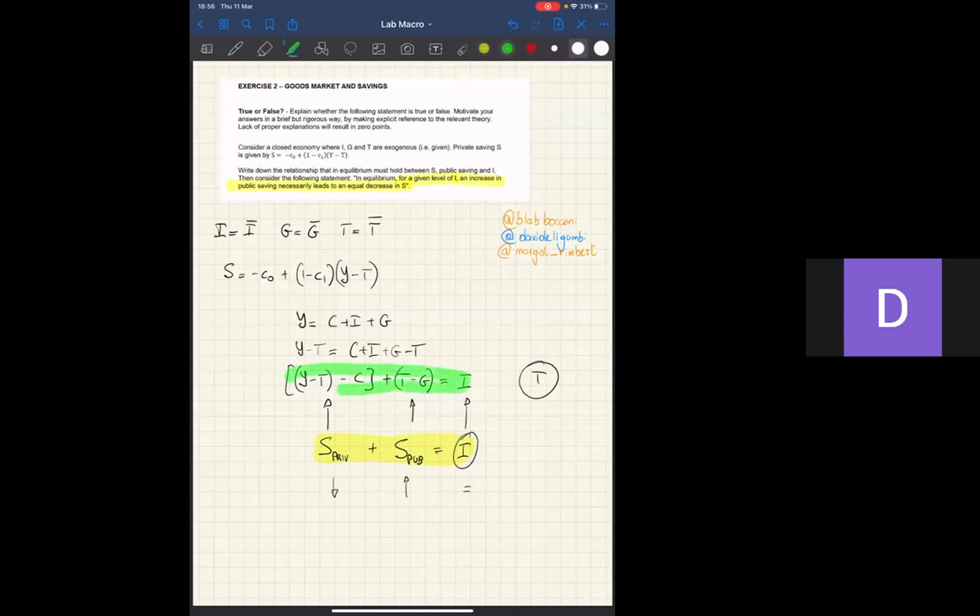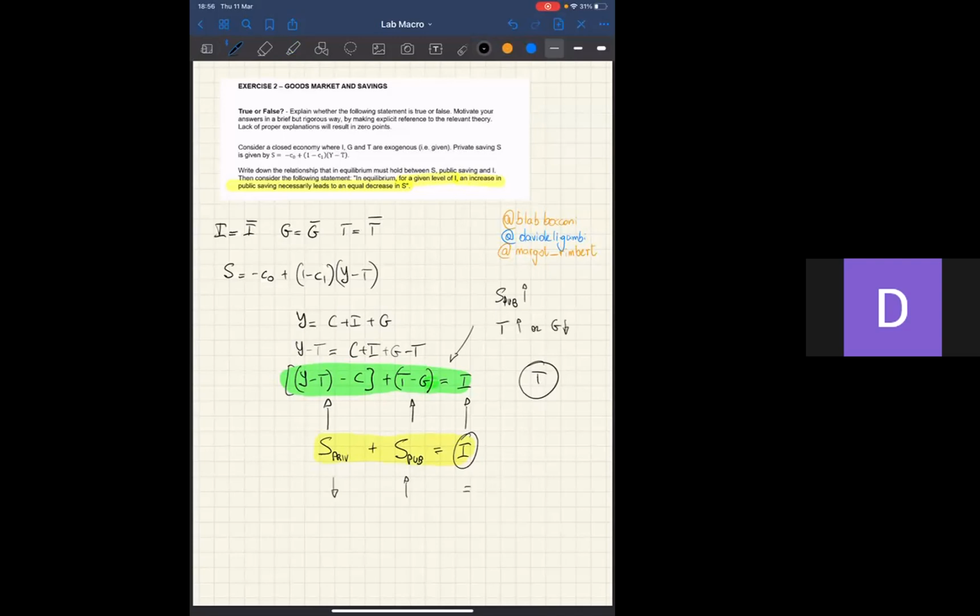So you don't necessarily have to remember the fact that private saving plus public saving is equal to investment, but obviously it would make your life harder. And in order to get there through this formula, you can understand that if public saving is going up, what is going on is taxes have to increase or G has to decrease.